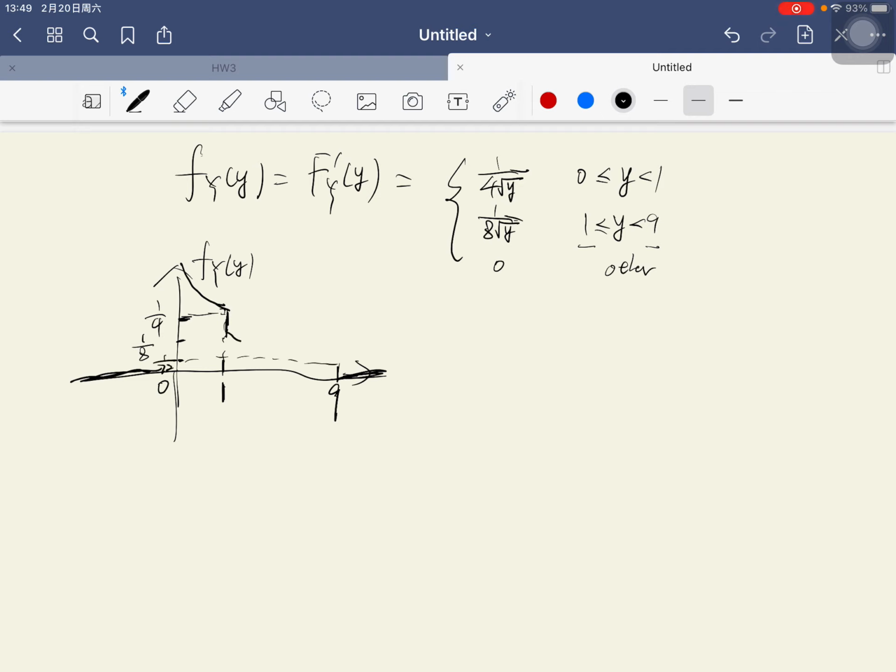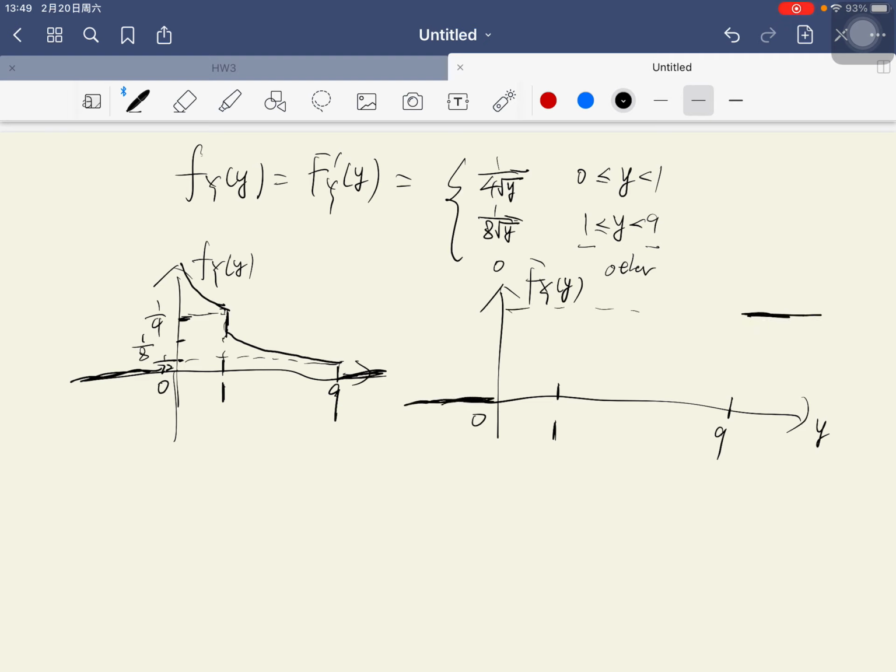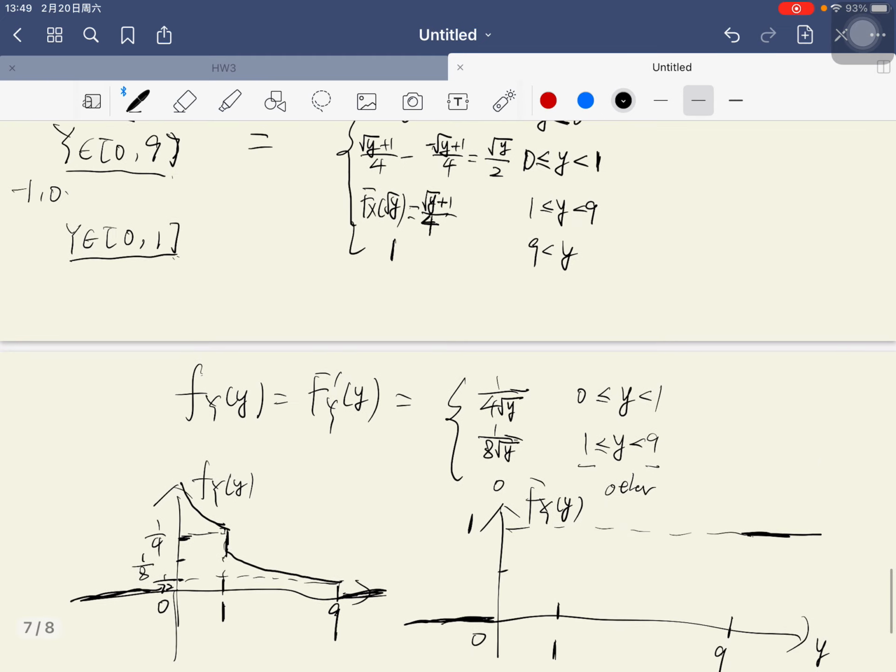So this is the graph of the density function, and for the distribution function, on the range from 0 to 9, below is 0 and above is 1. From 0 to 1 it is this function.